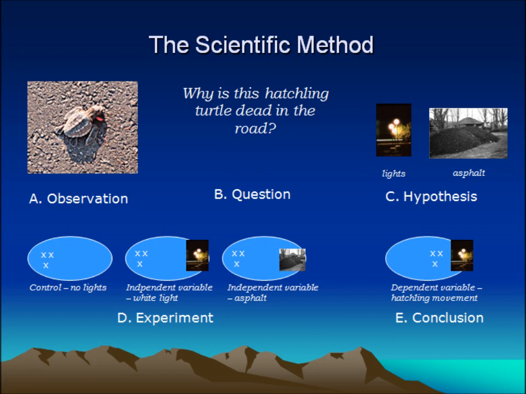Anyway, so once you have a well-defined question, why is this turtle dead in the road, you can come up with potential answers to that question. That's what hypotheses are. So you can come up with a potential answer that maybe it's because of the lights alongside of the road, or maybe the turtles like the smell of asphalt and they end up in the road.